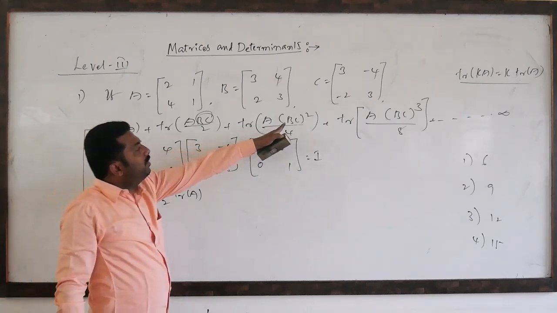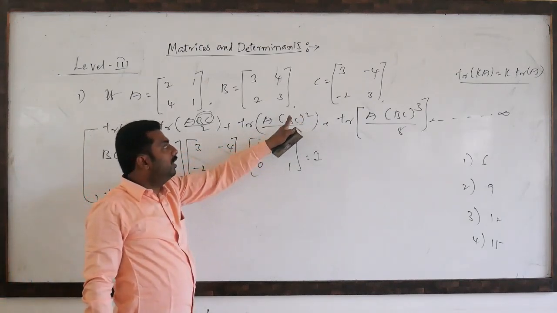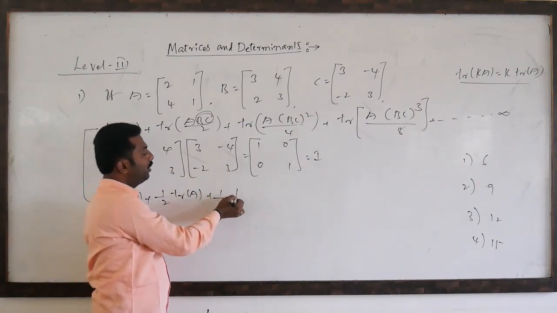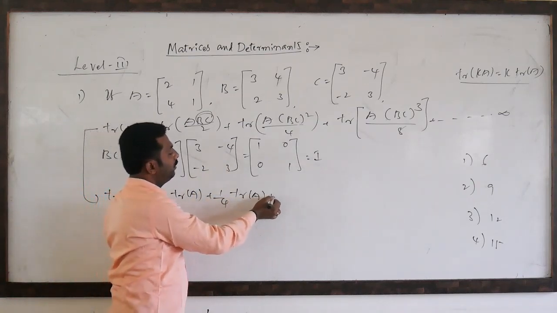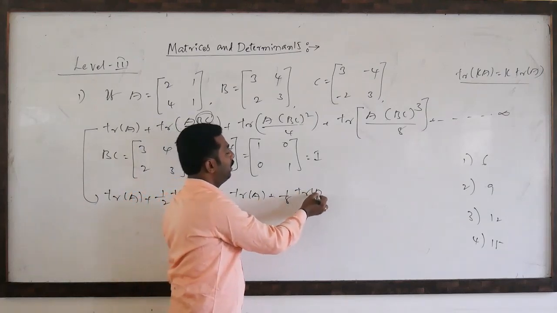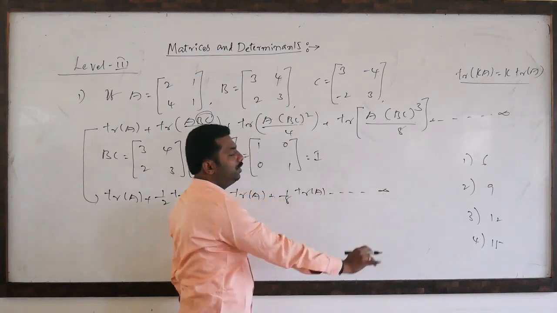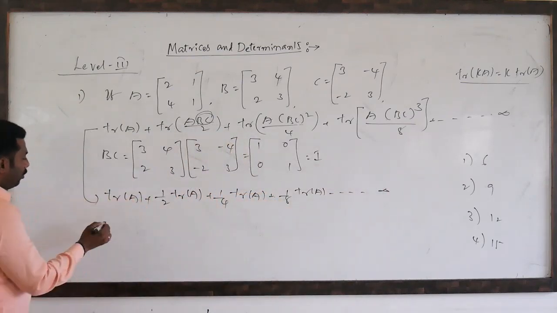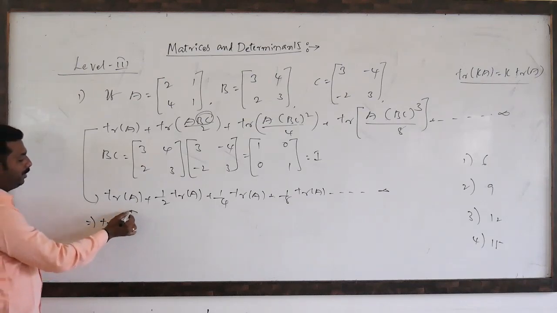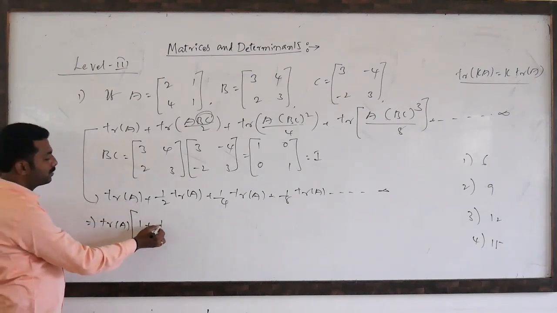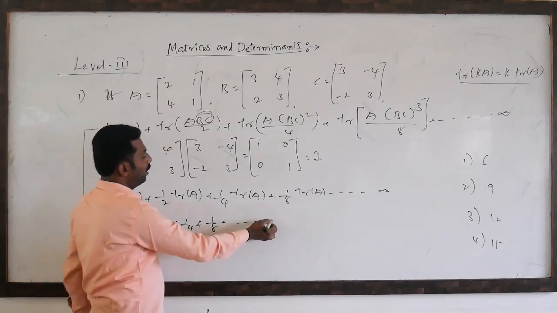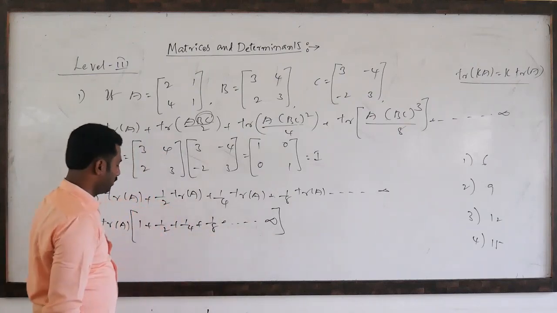Then here BC whole square, I square is nothing but I only, I into A means A only, 1 by 4 into trace of A, plus 1 by 8 into trace of A, plus and so on up to infinite terms. So if I take trace of A common, 1 plus 1 by 2 plus 1 by 4 plus 1 by 8 plus, and so on, infinite terms.